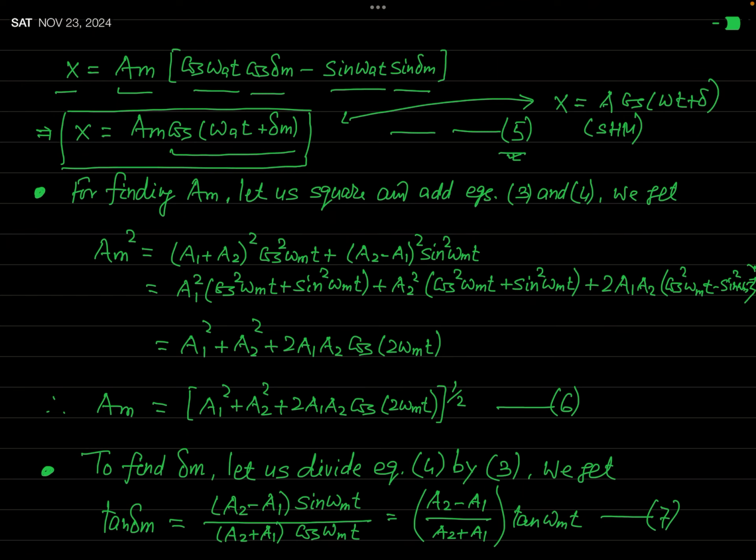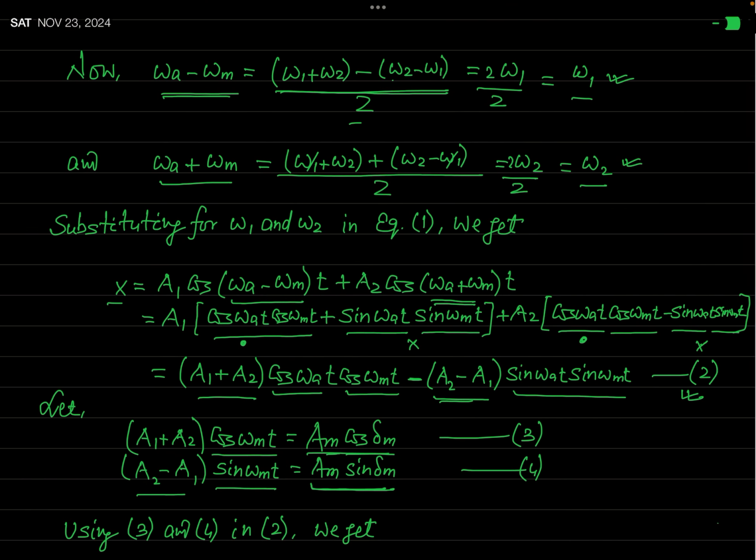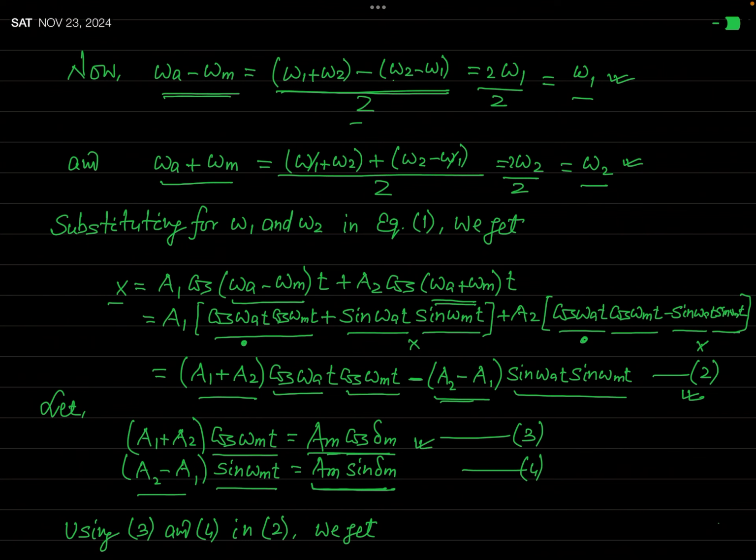Why it does not represent a simple harmonic oscillation, you can see. Actually, in this equation, Am and delta m are arbitrary constants which we have assumed here, but their values are not known. So now, let us try to find the values of Am and delta m.